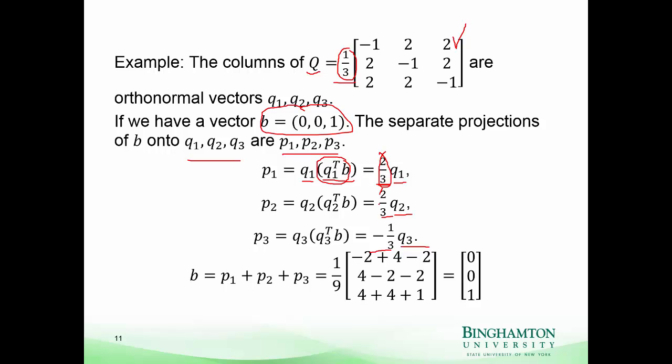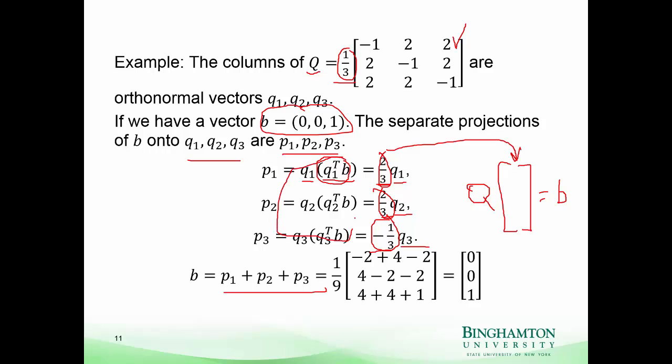2/3, 2/3, negative 1/3. So if we were to actually take those numbers, put them into a vector, and then multiply that vector times Q, so all these things go into there, we would actually see that that results in the vector B. That's really what this equation with all of this stuff here is actually doing.